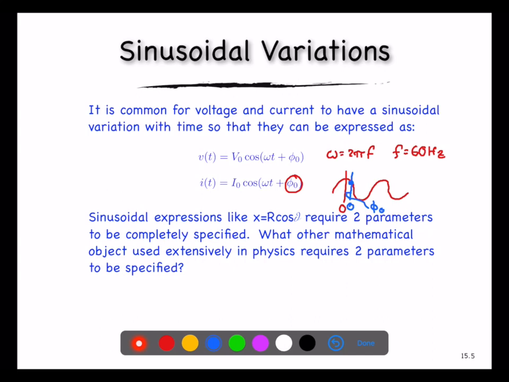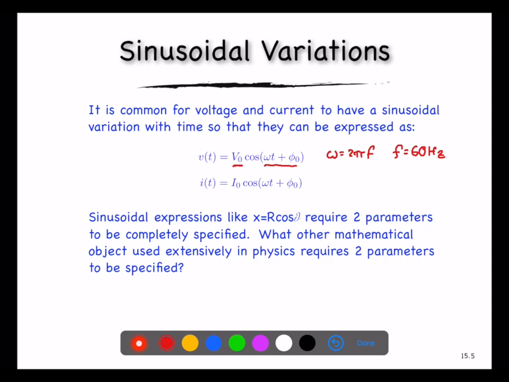So in order to represent any of these oscillating functions as a time variation, we need two quantities. We need some amplitude that describes how big the variation is, and then we need some angle. In this case, it's a time-varying angle, but that's the thing that goes into the cosine function that tells us how much the value of the voltage has changed from its maximum value.